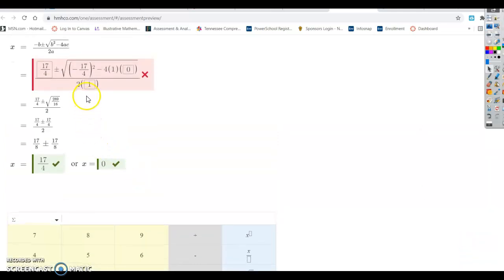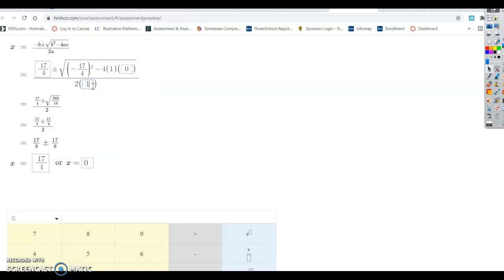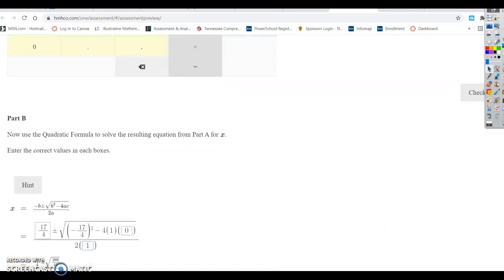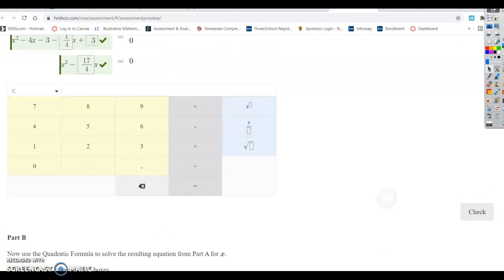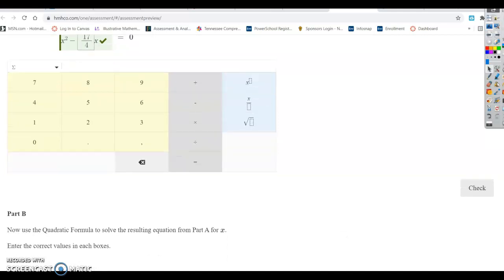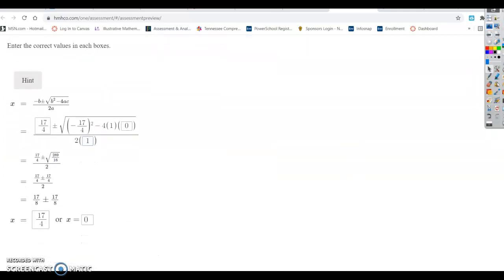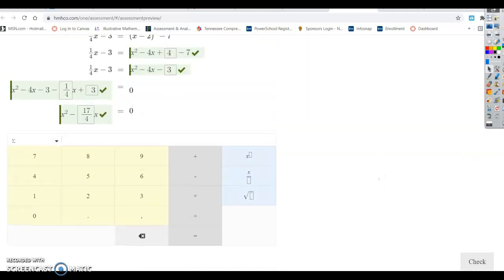Let's see, I plugged in something wrong here. Negative b, which is negative 17/4, minus 4 times a times c, over 2 times a.